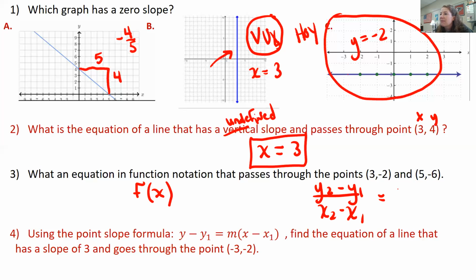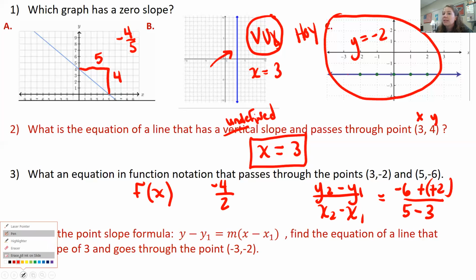So our second y value is -6, our first y value is -2, over our second x value is 5 minus our first x value is 3. So -6 plus 2 is -4. So -4 over 2. Well, -4 divided by 2 is -2.